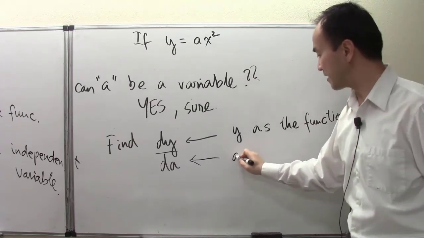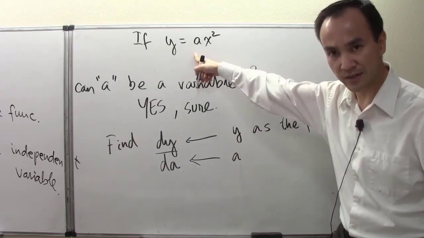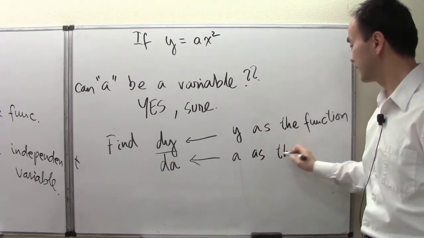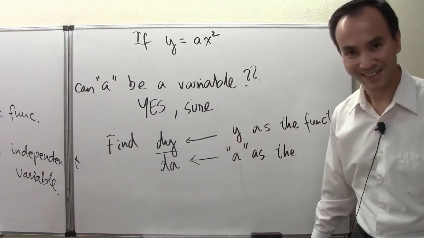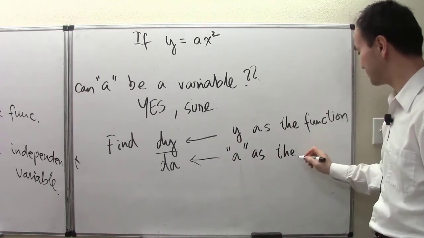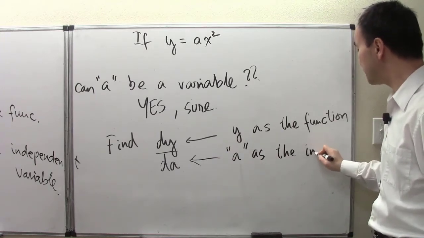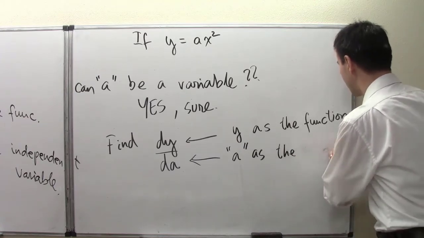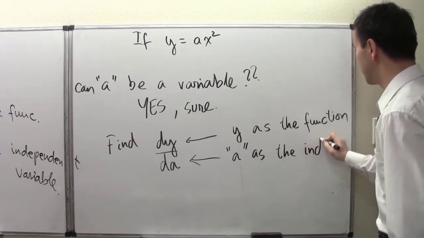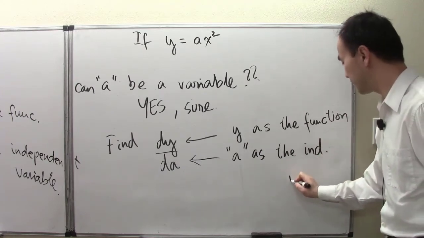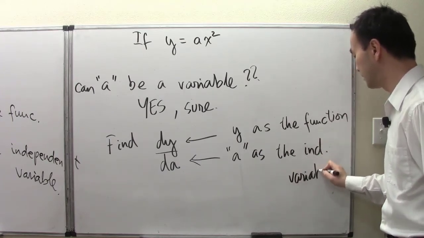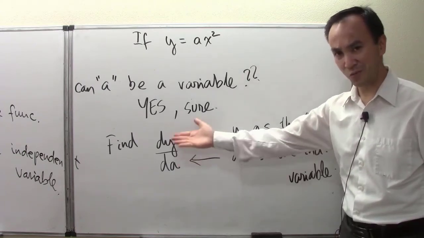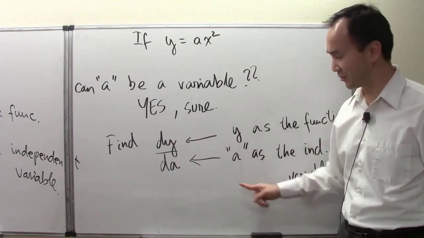But a, it's a letter, it's a variable, and a is being regarded as the, I have to double quote this, a is being regarded as the independent variable. Allow me to just write it short, independent variable.